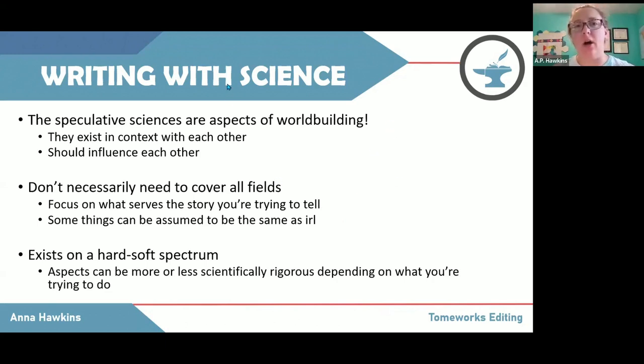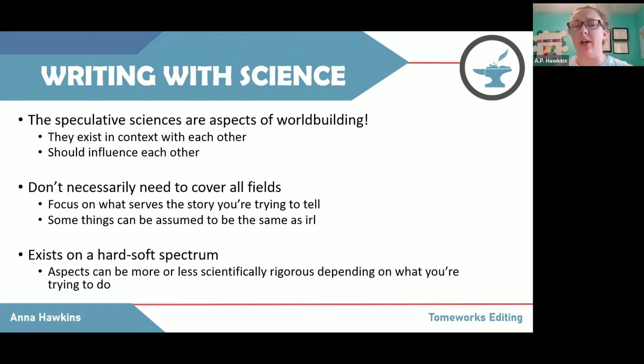And again, all of this, technology, biology, chemistry, physics, when you're doing speculative versions of those sciences, they exist on a hard to soft spectrum. It's not strictly a binary. You can have different aspects of the sciences that are more or less scientifically rigorous depending on what you're trying to do.